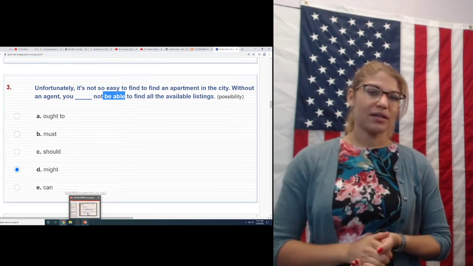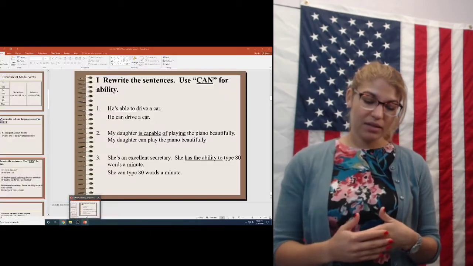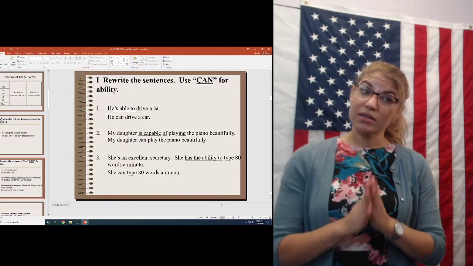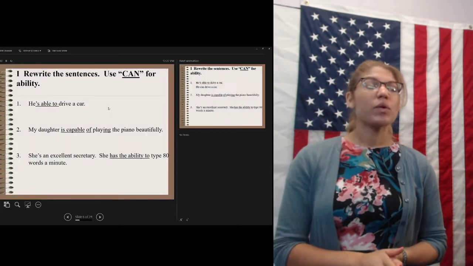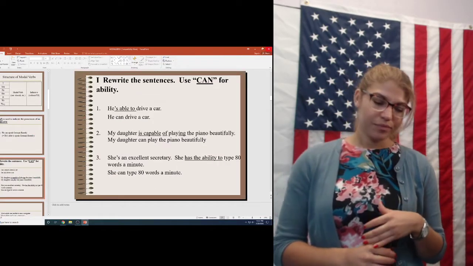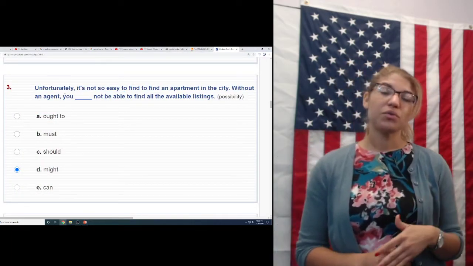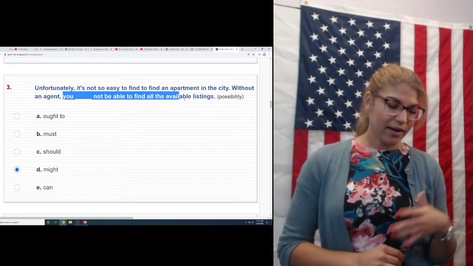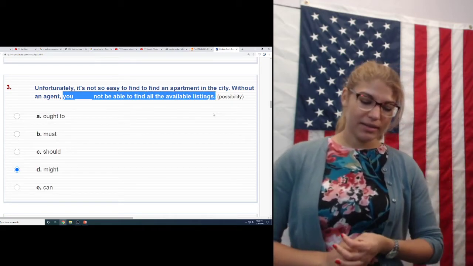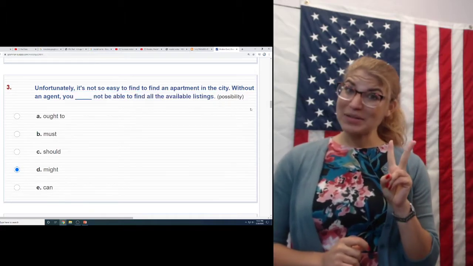For this reason, because we are talking about a weak possibility, but a possibility, we will use the word might. We might not be able to find all of the available listings. Let's try one, maybe two more.